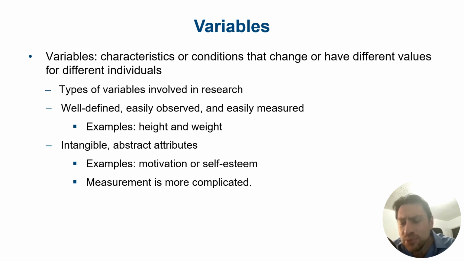These are all, again, pretty straightforward variables, and there's not going to be a lot of debate about what they mean or how they should be measured. However, in psychology, you may encounter more complicated variables like self-esteem or confidence or motivation. And these pose a greater challenge because they can't be observed or measured directly. So they have to be measured indirectly.